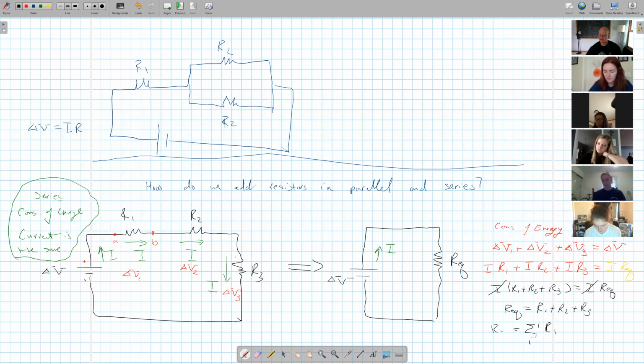So this is the equivalent resistance when they're in series. For resistors in series, we simply add all the resistances together. So what's the effect of this? The effect of this is to increase resistance.